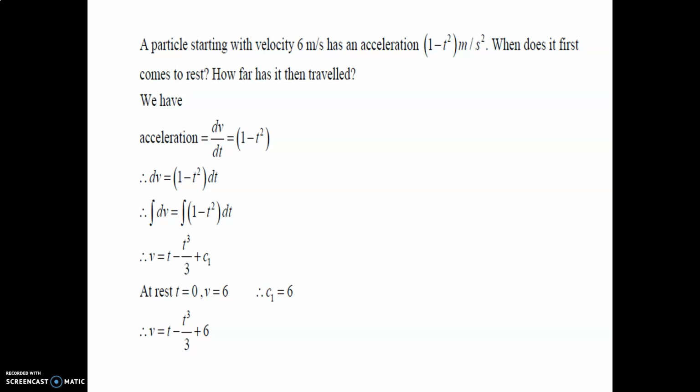So we have the acceleration, that is dv/dt, and obviously in the form of 1 − t², it is already given. That's why dv = (1 − t²) dt. So taking integration of both sides to find the solution of such a differential equation, ∫dv = ∫(1 − t²) dt.